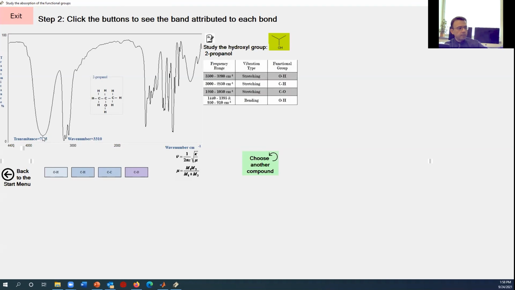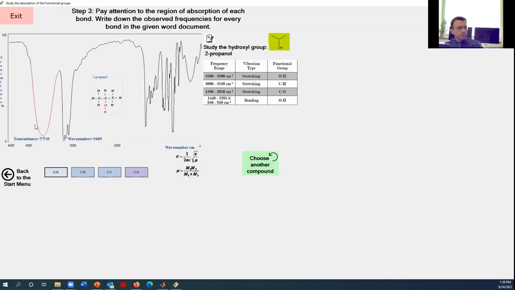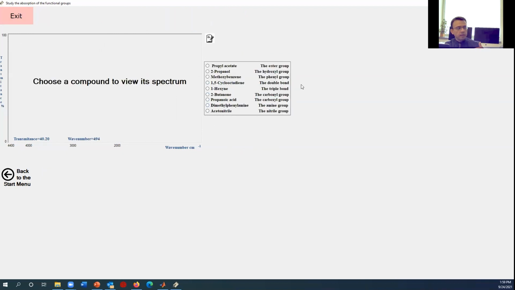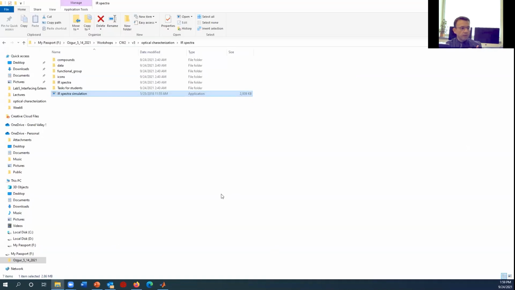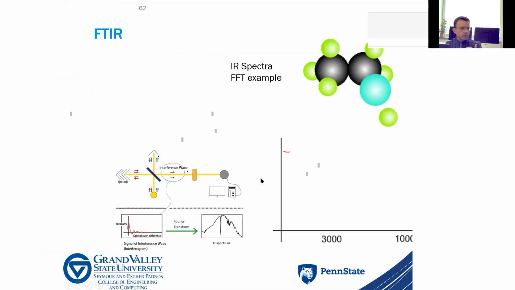You click on isopropanol, and let the students choose, oh, where was oxygen-hydrogen again? Of course, this is at this wave number. Where was carbon-carbon? Oh, carbon-carbon is at this wave number. Those kinds of analyses can be done. The student can even try another compound and understand that all these will give a different response. That's all great. But where is the Fourier transform coming into play?